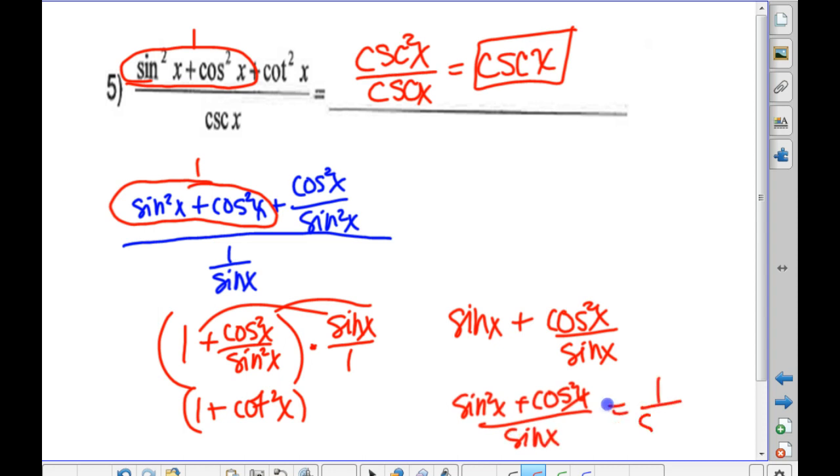And then this would have been 1 over sine x, which is cosecant x. So the long, painful way we were working at it here definitely works. It's just much shorter this way. Ooh, sorry. All right.